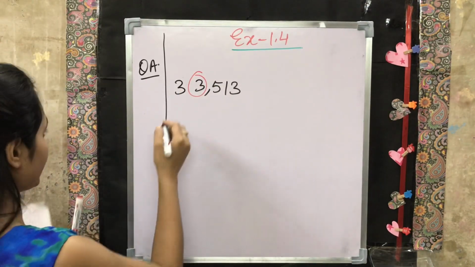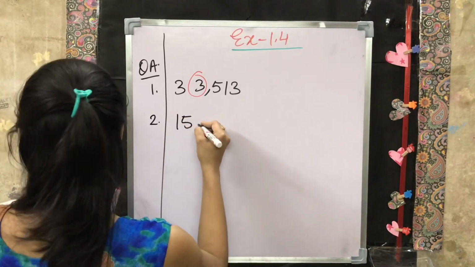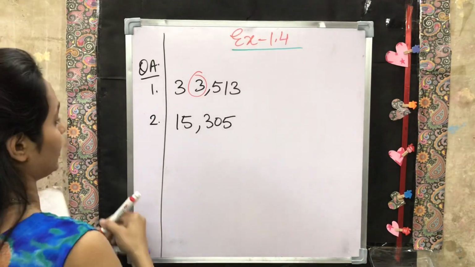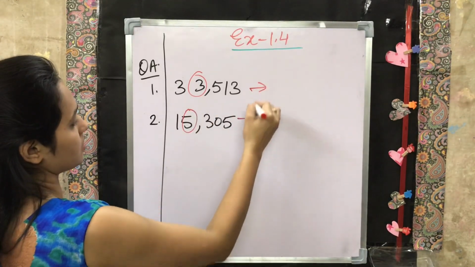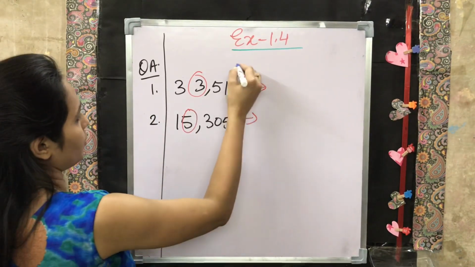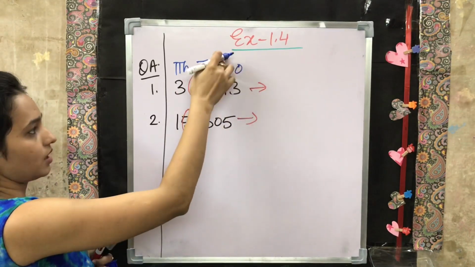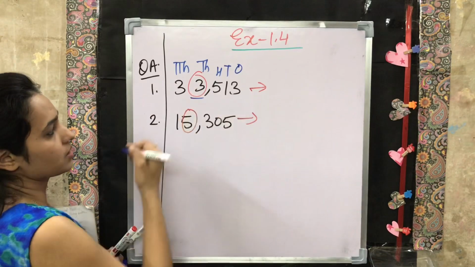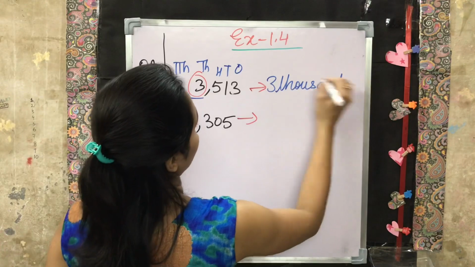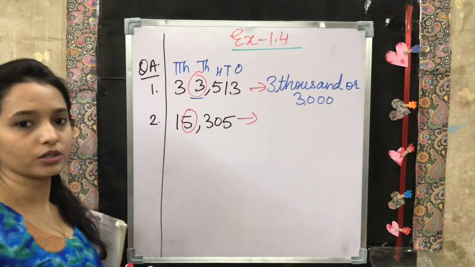Here you have to find the place value of the encircled digit. Encircled digit means whichever digit is circled, you have to find its place value. So this is question number one. You all know, you will write the place values here: ones, tens, 100, 1000, 10,000. So which place is this 3 at? 1000. You will write 3000 like this, and you can write like this as I told you earlier.